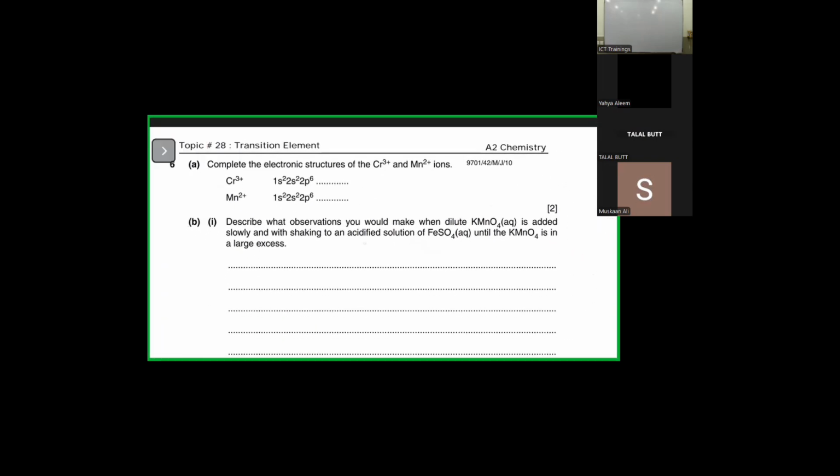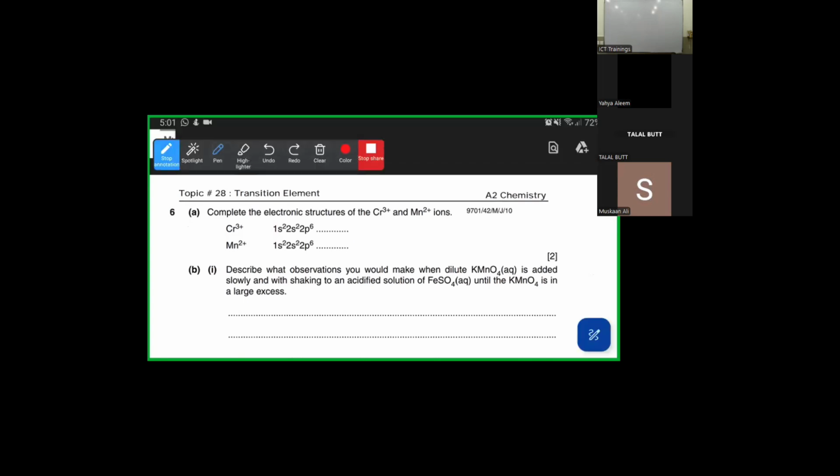Okay, so whenever you want to draw the electronic configuration of any transition metal ion, most students make a mistake. For chromium, which has proton number 24, they take 21 electrons and fill 2p6, 3s2, 3p6, then 4s2 and 3d1.